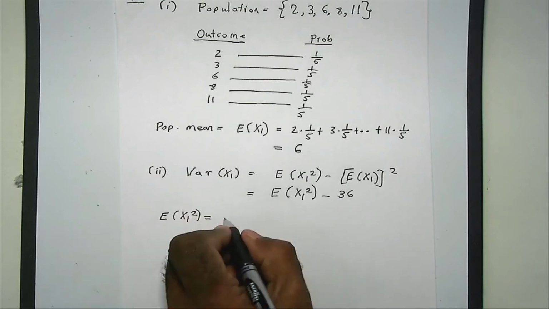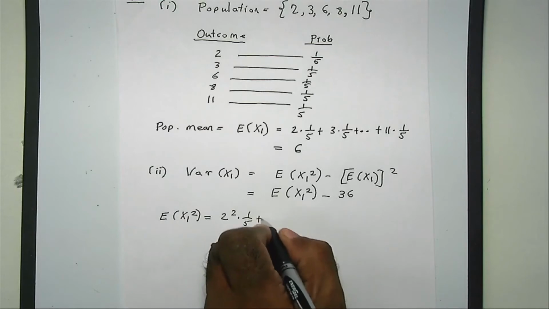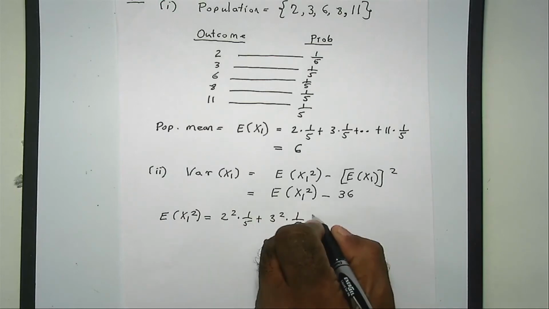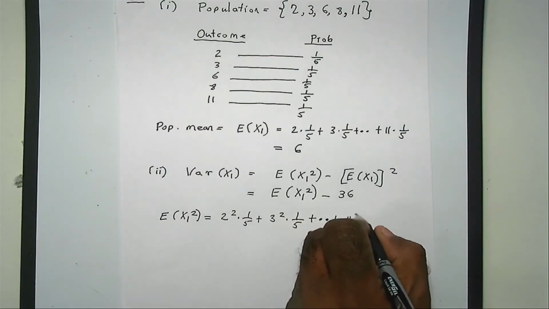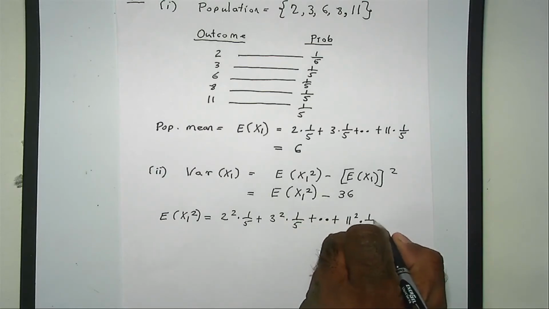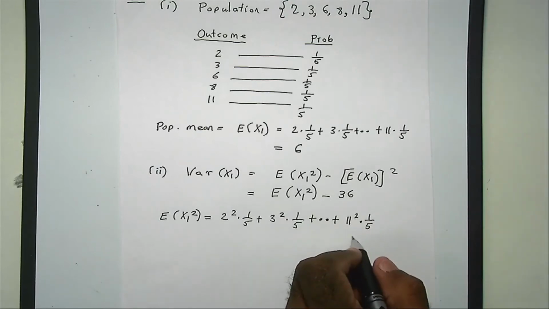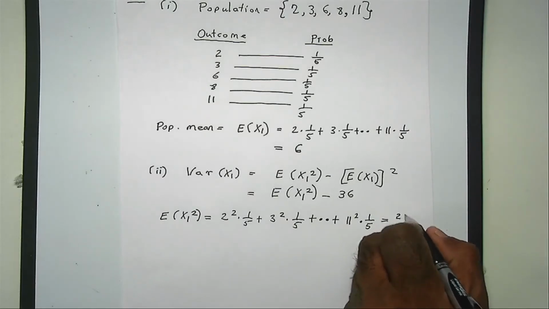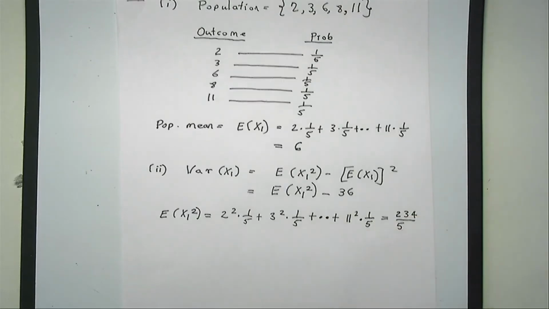The expectation of x1 squared is going to be 2 squared times 1 over 5 plus 3 squared times 1 over 5, and so on. Now if you compute this, guys, you will get the following: 234 divided by 5. This is what you will get.